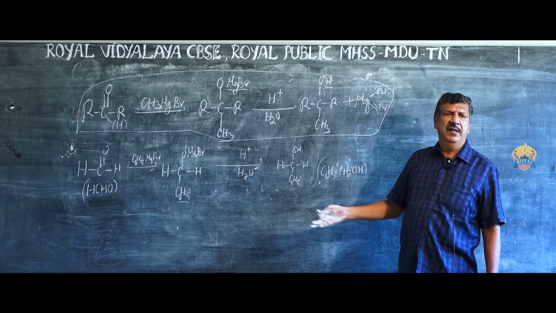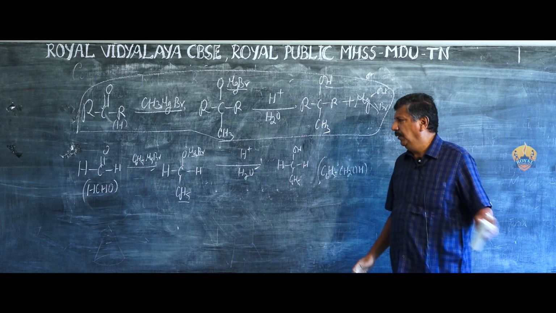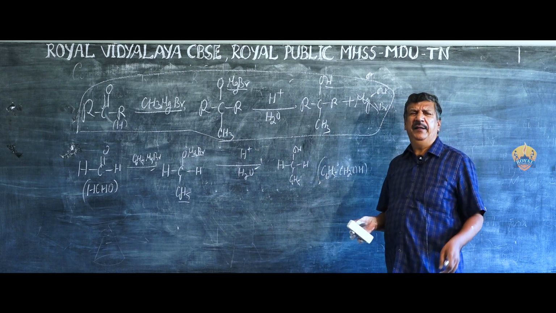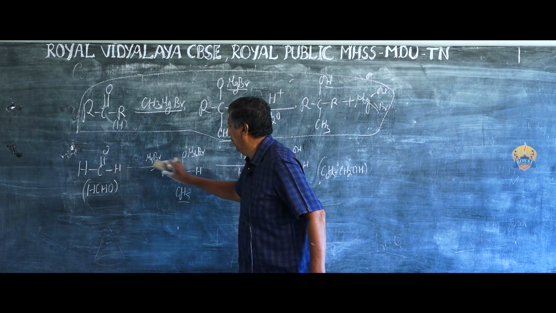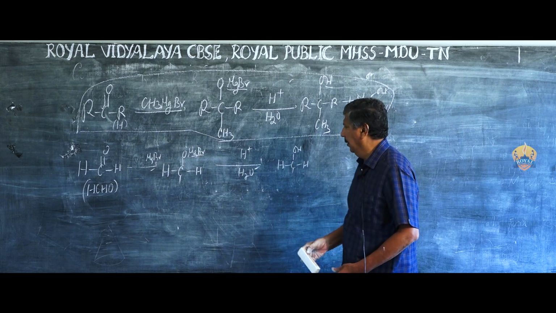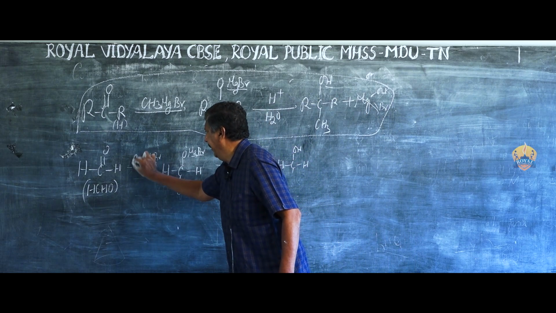Now it is called benzyl alcohol. So, okay, we are seeing about formaldehyde. Now, we will go for the next one. You see, this is for formaldehyde.